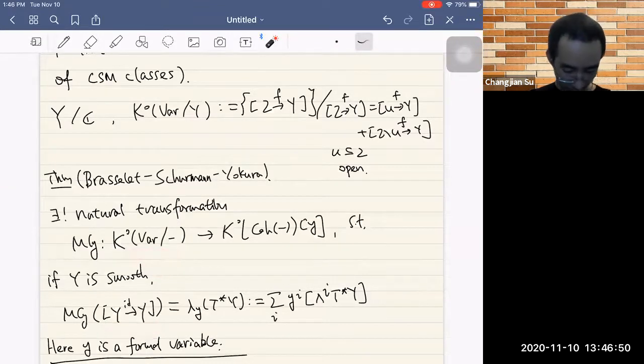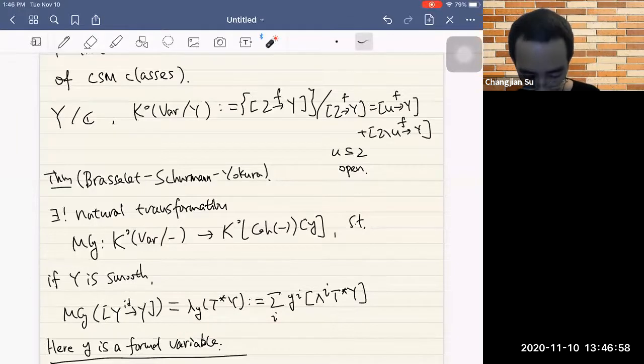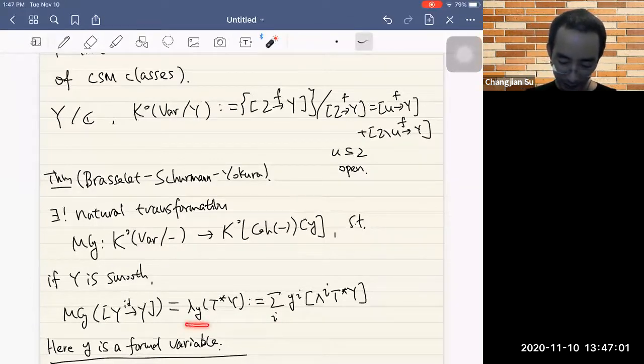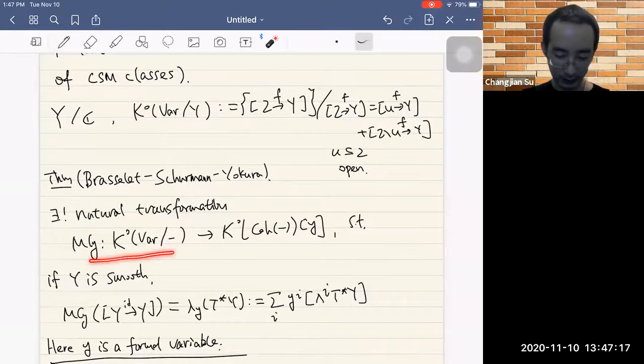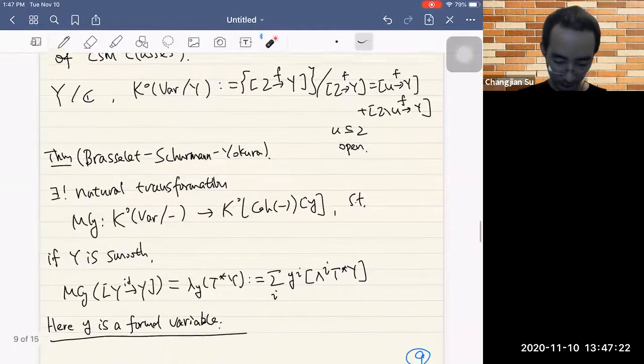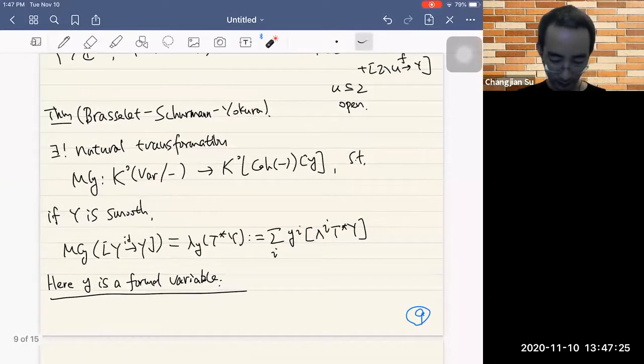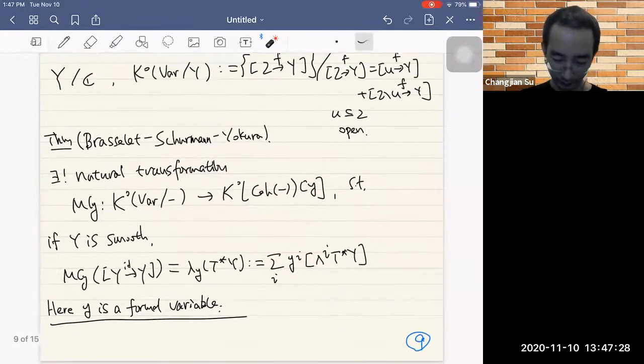Then the image of this identity map will give you the K-theoretical Euler class, denoted by lambda_y of the cotangent bundle of Y, i.e. the summation over i of y^i times the i-th exterior power of the cotangent bundle of this smooth variety. The natural transformation just means that this will commute with proper pushforwards. So this is the K-theoretical generalization of these CSM classes.